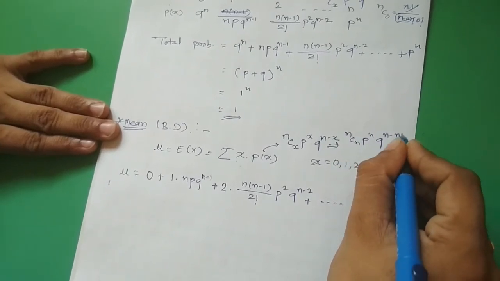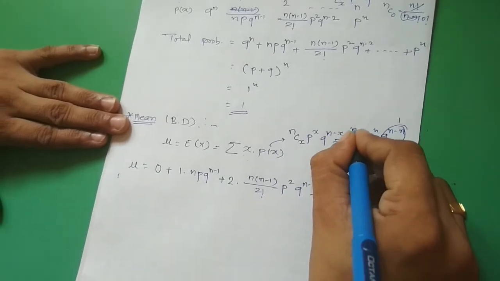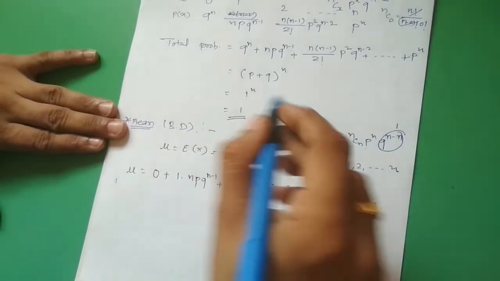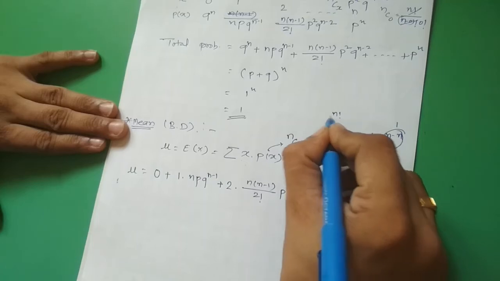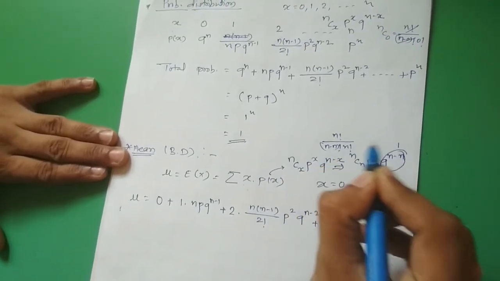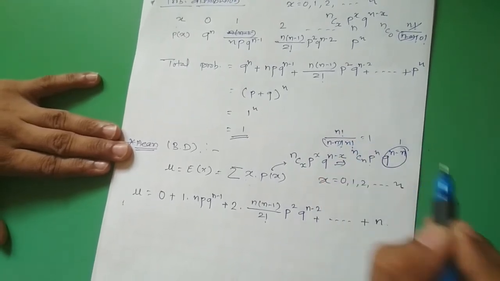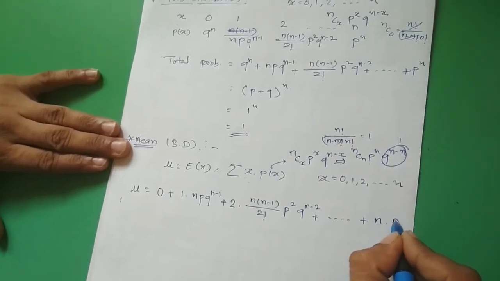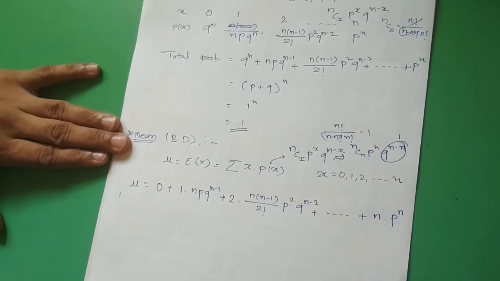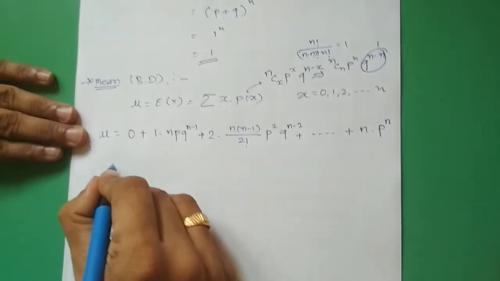So this is going to be 1, pn remains as it is, and nCn is n factorial upon n minus n factorial into n factorial, which is again 1. So only p raised to n remains. If you carefully observe, this is going to be cancelled out.